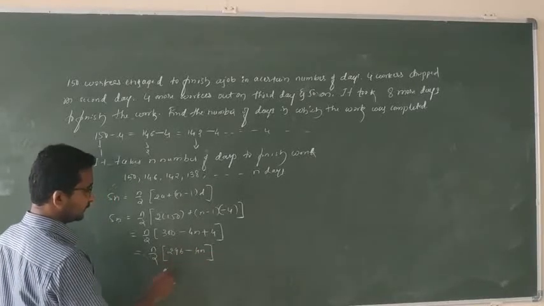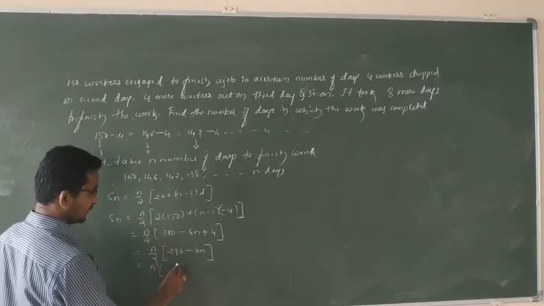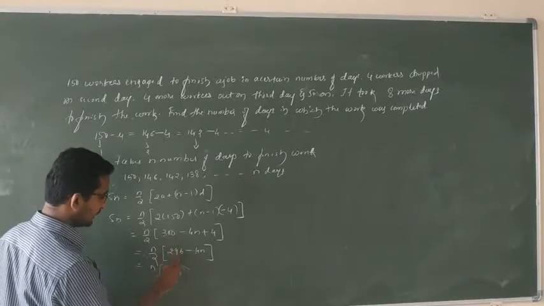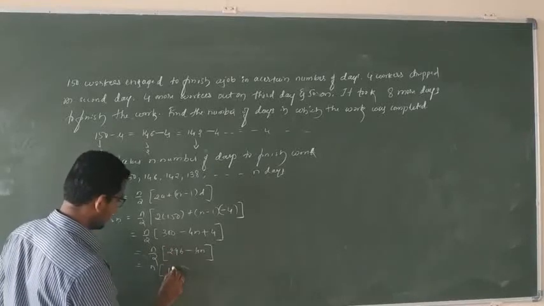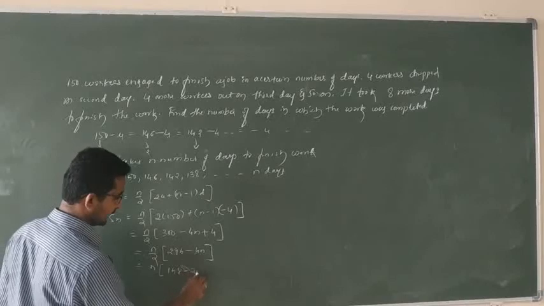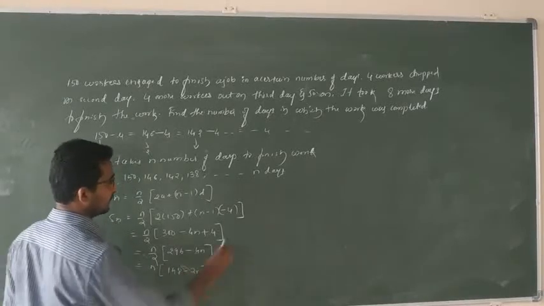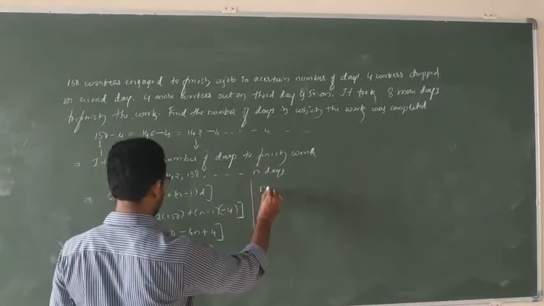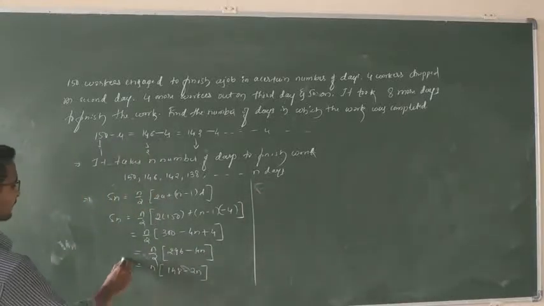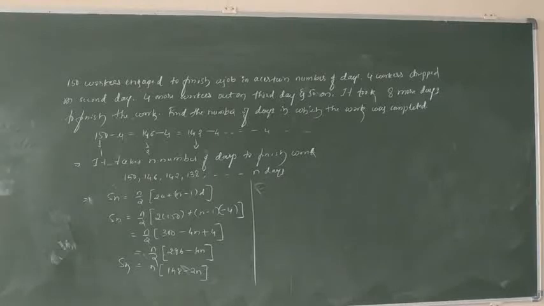So I multiply this 2 inside the bracket, that is n times 152 minus 2n. So when I multiply this n inside the bracket, that is the sum of those number of days, which we will take as n into 152 minus 2n.